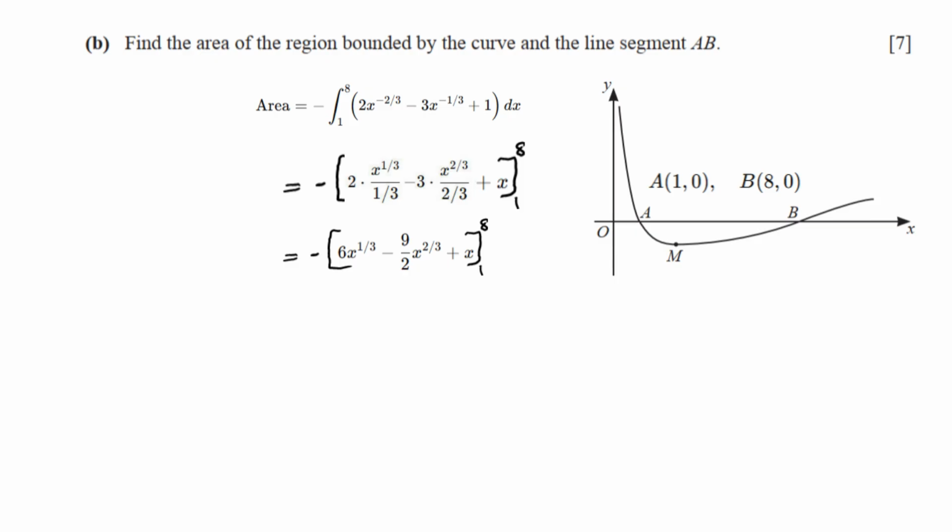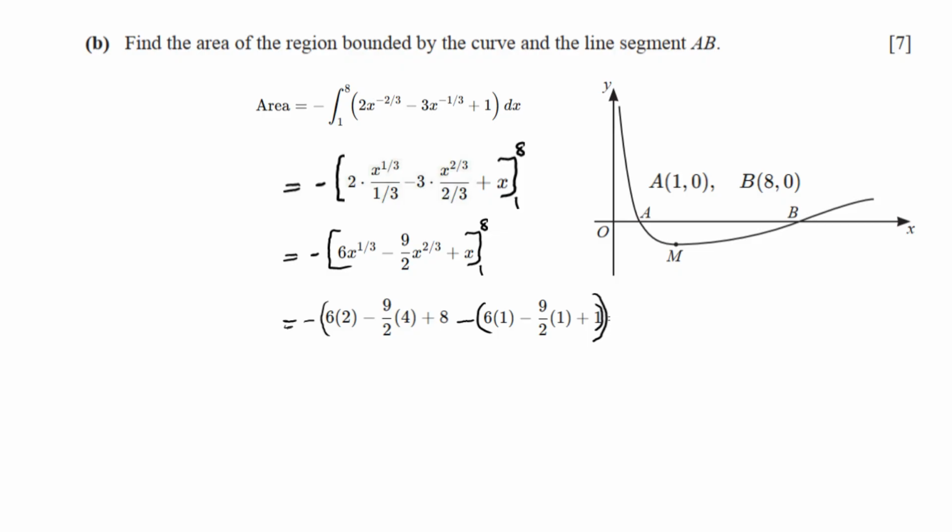Now substitute the limits. First substitute the upper limit, minus of 6 times 8 raised to the power 1 over 3, which is nothing but 2, minus 9 over 2 times 8 raised to the power 2 over 3, which is 4, plus 8, minus of, now substitute the lower limit, 6 times 1 minus 9 over 2 times 1 plus 1.